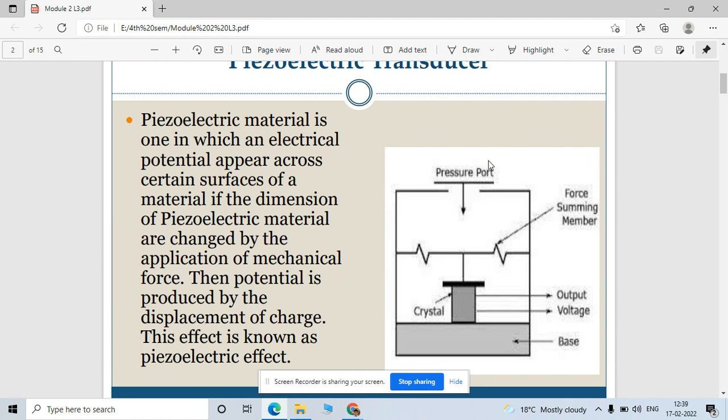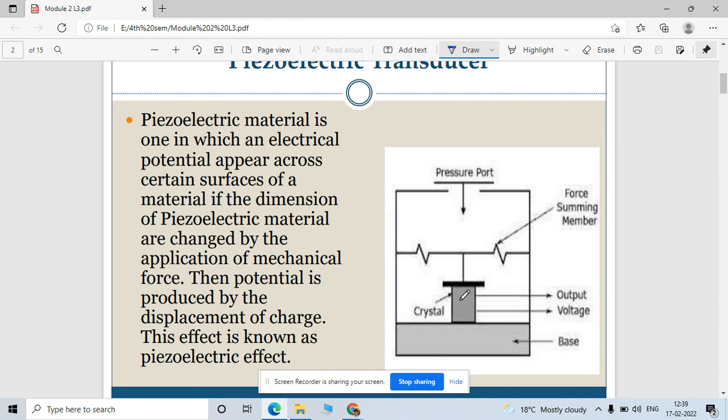Whenever you apply any force to a piezoelectric material, for example a crystal structure, that is, when stress is applied to that material, there is an accumulation of charges on the body of the crystal.